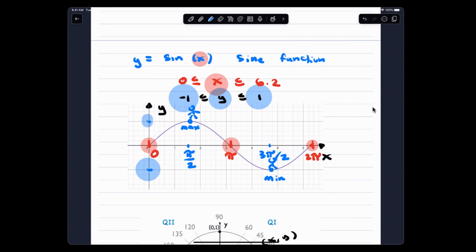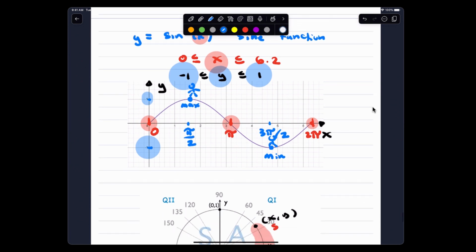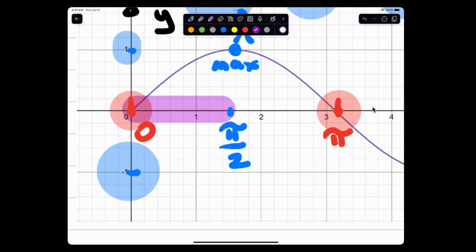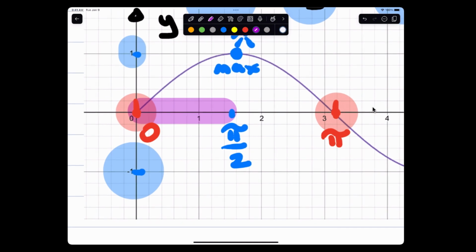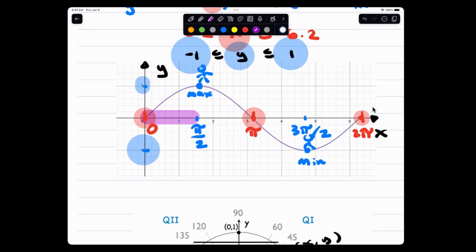Now I'm going to go to some more colors here, because you might say, what does this have to do with all students take calculus? Well, any angle, let's pick a color, and I think I've used purple. Any angle between 0 and pi over 2, what quadrant does that represent?